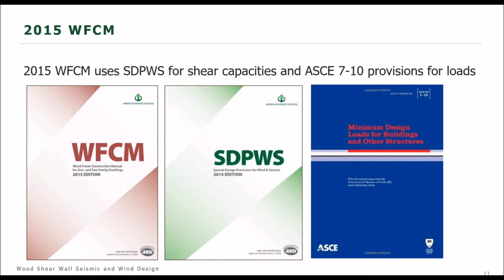They are all meant to be consistent with the special design provisions for wind and seismic. For loads, for both of these documents, we are referencing ASCE 7-10. So the loads are coming out of ASCE 7-10, and then when you go into the WFCM, the shear capacities are referenced from SPDWS.